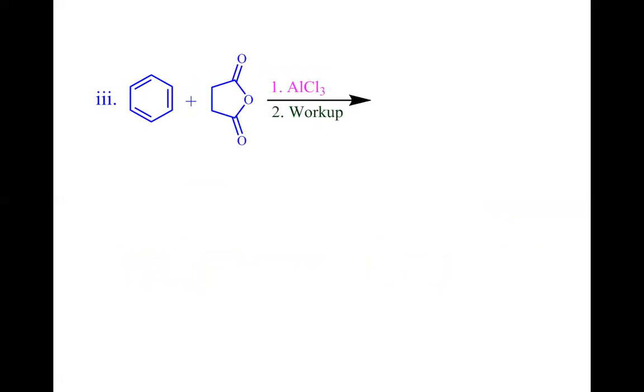For the third reaction, it was benzene treated with succinic anhydride catalyzed by aluminum chloride, followed by the workup. First of all, this aluminum chloride must have attached to one of the carbonyl oxygens to make this carbonyl carbon more electrophilic, and hence benzene will attack that carbonyl carbon, and we have this breakage of the C-O bond to have this carboxylate salt.